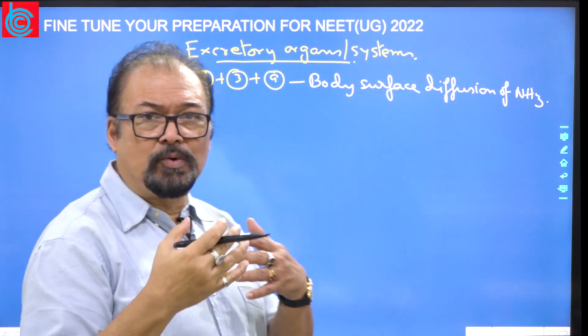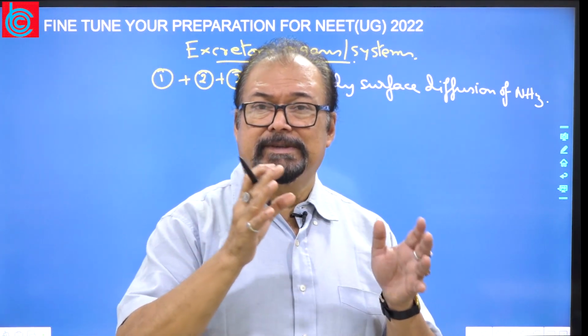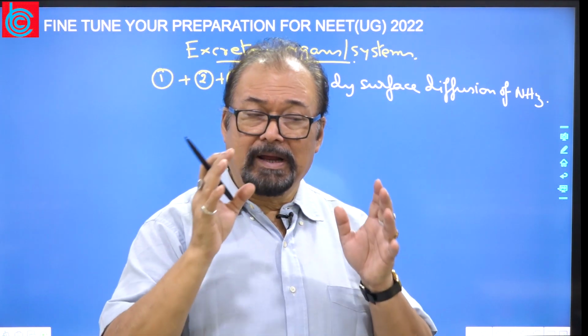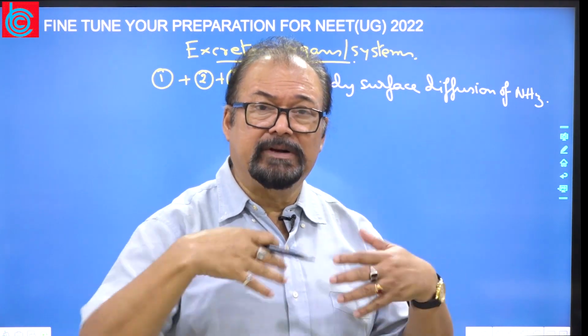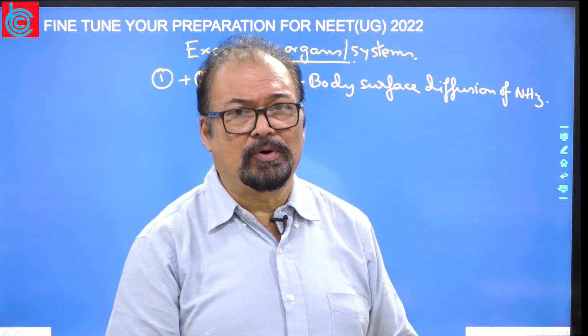These animals, they are aquatic. There is no scarcity of water. They are having lots of water, so they can eliminate ammonia by body surface diffusion. They don't have any specific organ.